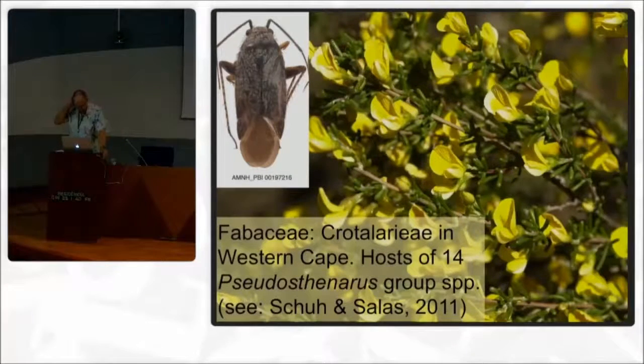AMNH employee Ruth Salas and I revised the sister genera Pseudocinaris and Parapseudocinaris, all 14 species of which feed on members of the South African endemic group Crotalaria in the family Fabaceae. Whereas I'd placed these genera in the omnibus tribe Phyllini in my dissertation, Katrina's DNA sequencing work placed them in a reconstituted tribe Simiini, a long unused name originally associated with the Orthotylini.